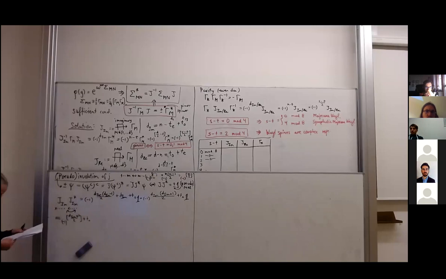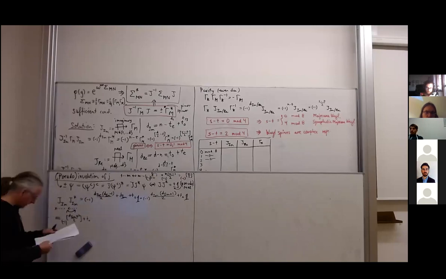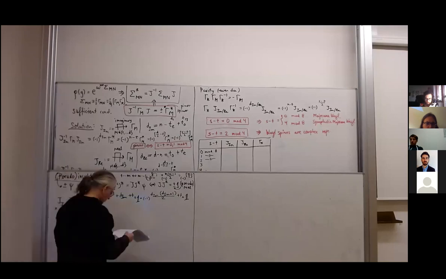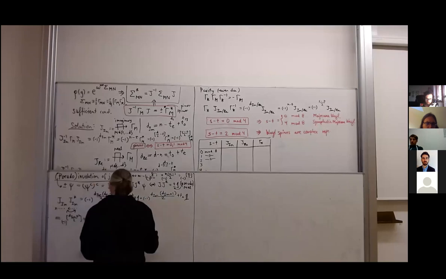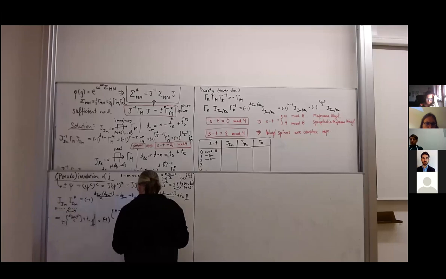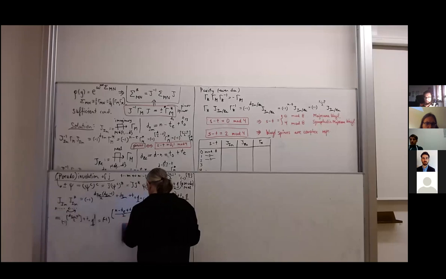And this is equal to -1 to the, and then I get the dm, I will just write as n minus T_E plus T_O plus 1 over 2.